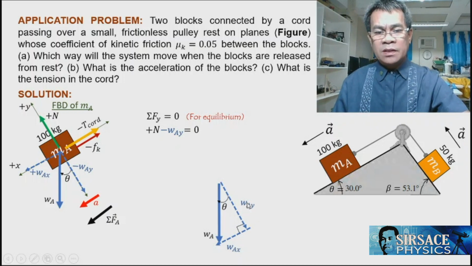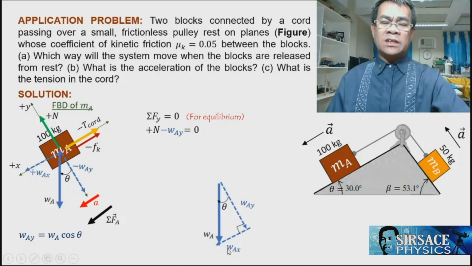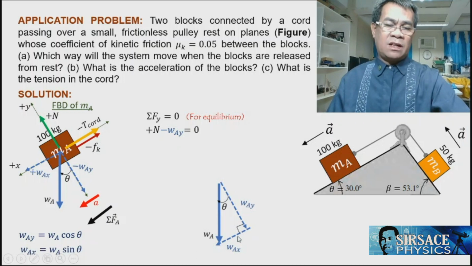In other words, WAY is W cosine theta, while the x component WAX is W sine theta. Take note, theta is given, and the weight is mass times acceleration.